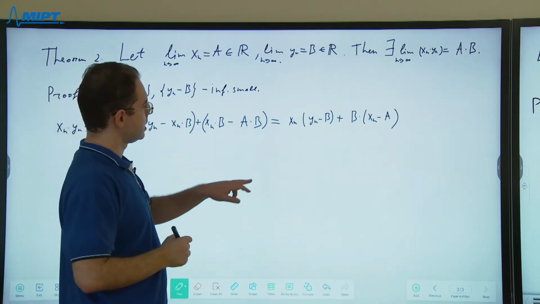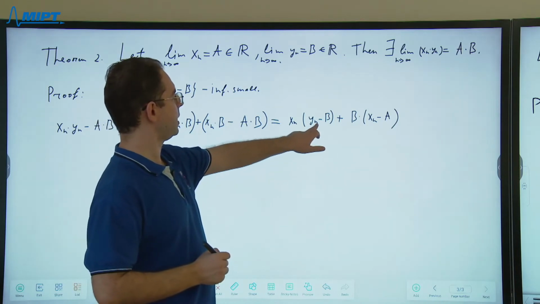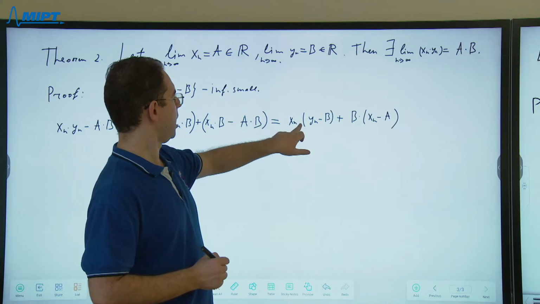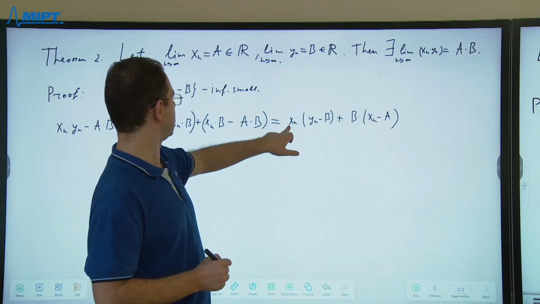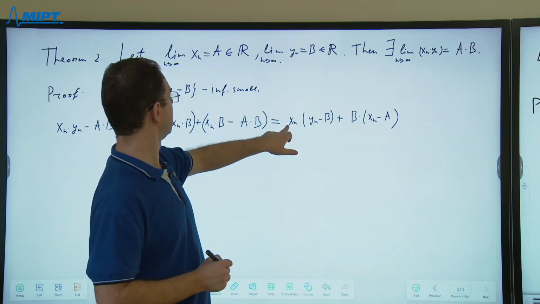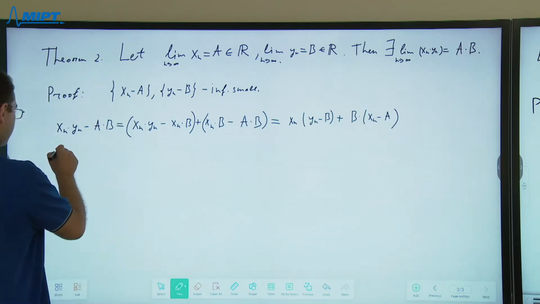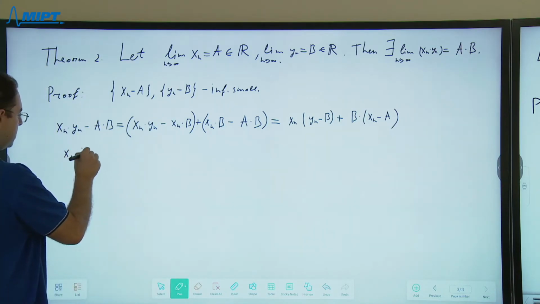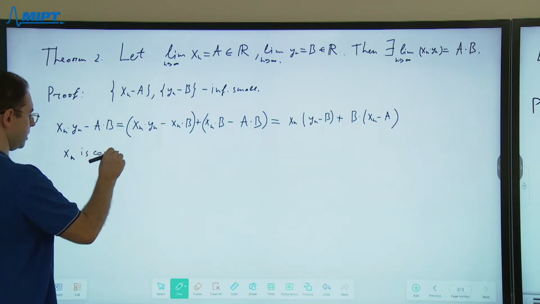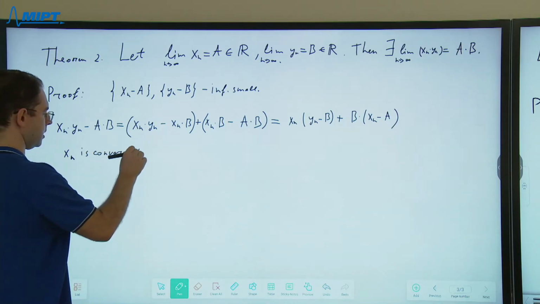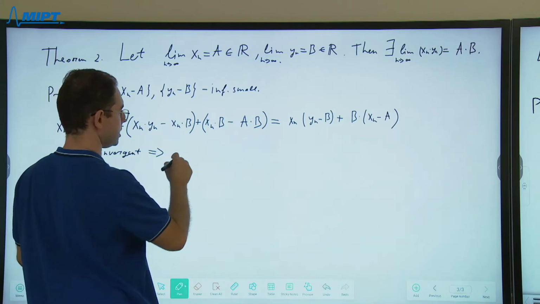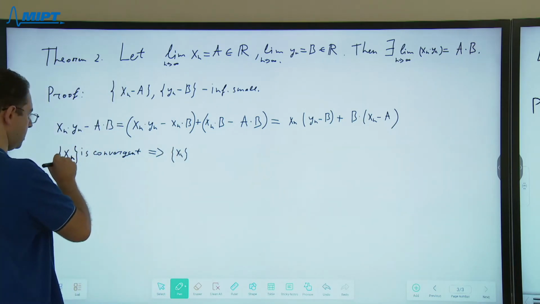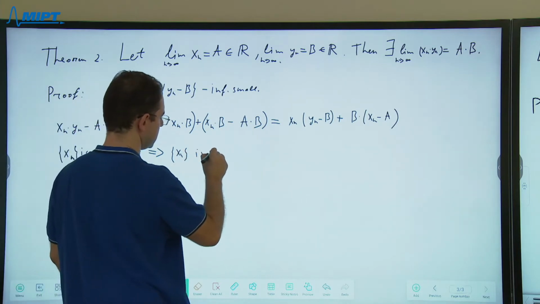Now, since yn minus b is infinitely small, and xn is convergent, hence xn is bounded.